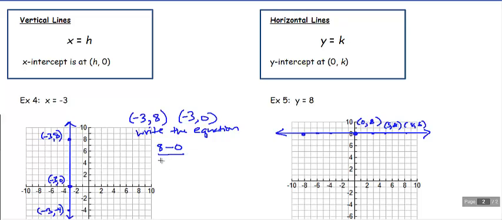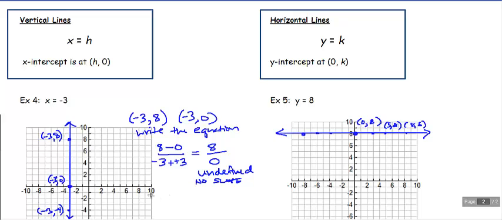We do 8 minus 0 over negative 3 minus negative 3. So on the top we get 8, but look what happens down here. Negative 3 plus 3 cancels out, and we get a 0 in the denominator. That is bad news. That is called undefined.